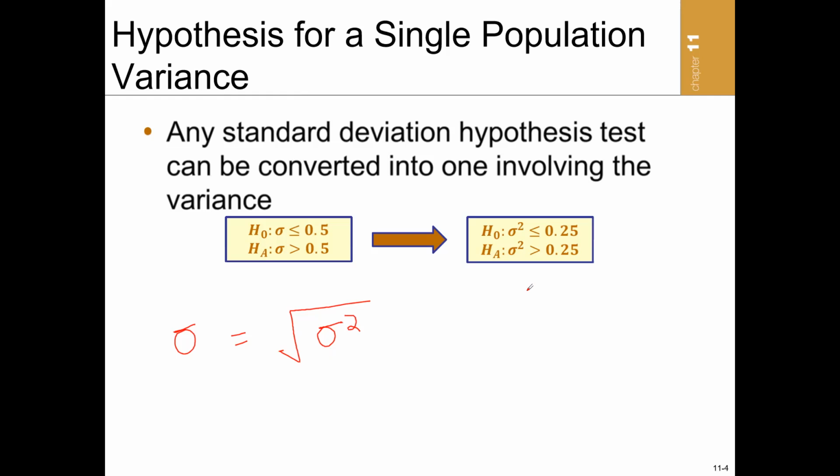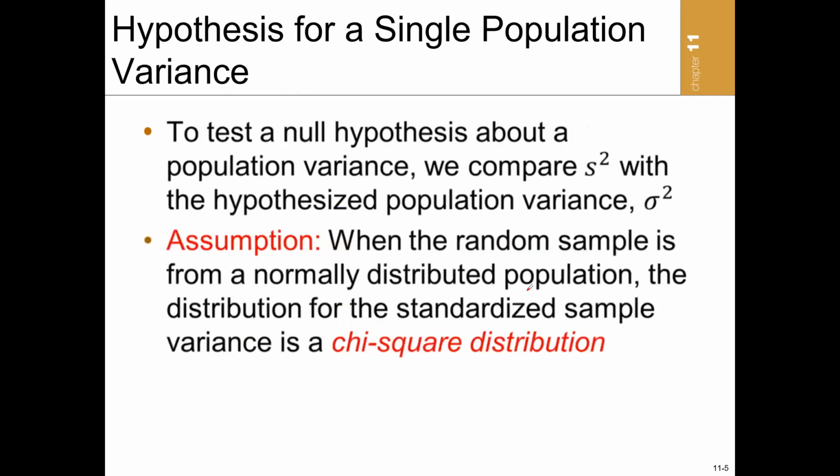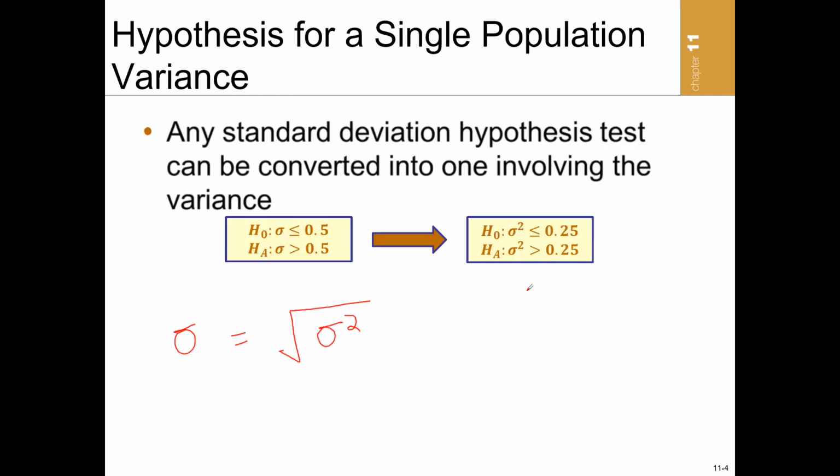Okay. Now, we are going to estimate or do hypothesis testing for a single population variance. So somebody may ask, why do we need to test hypotheses for variance? The same way, sometimes when we don't know the population mean, we use the sample mean to do a point estimate, and then we can do a hypothesis test for the sample mean.